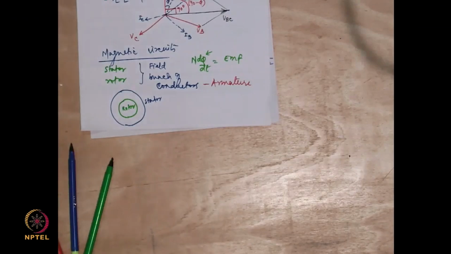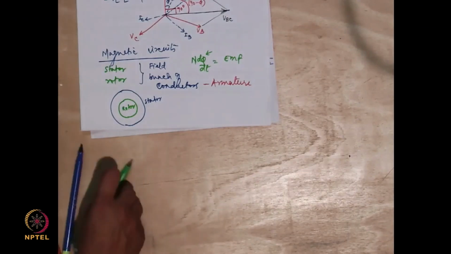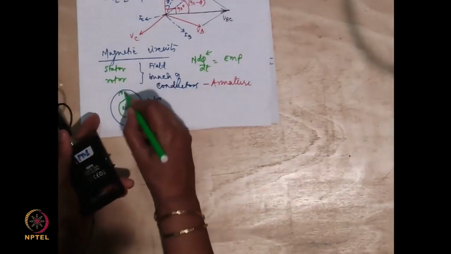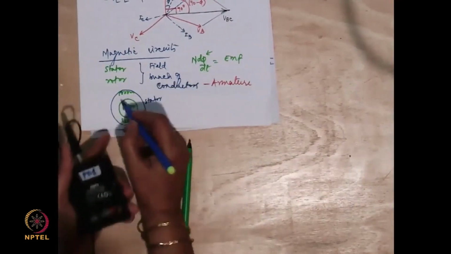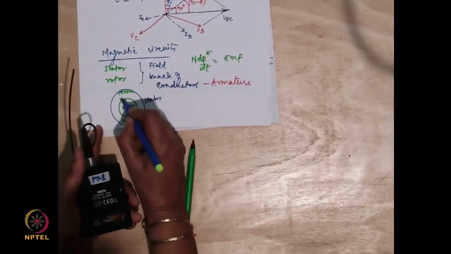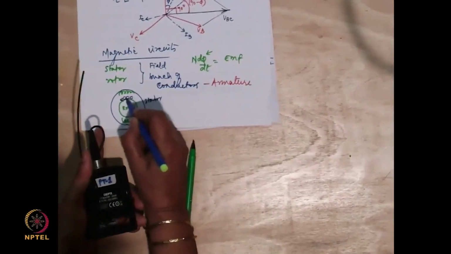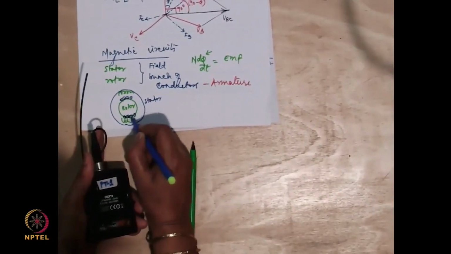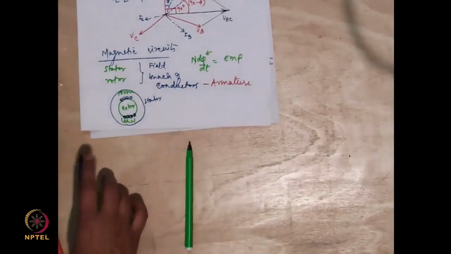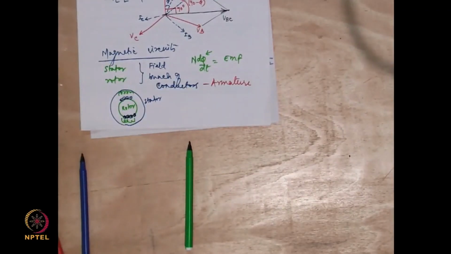Which means if I have to have probably the magnetism produced in the coils here in the stator, and ultimately I have to induce electricity in the conductors here. Right? These are all dot and maybe these are all cross, for example. So I am inducing electricity in the rotor conductors. From the stator, the flux has to flow through the rotor conductors and then it should complete the path.